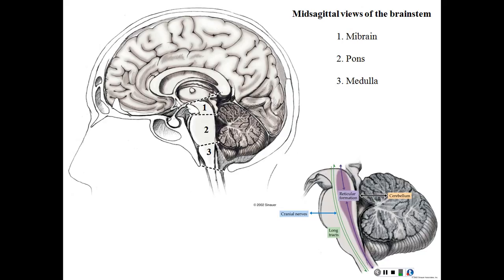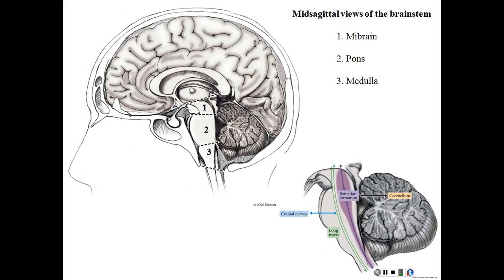We mentioned that the medulla has those nuclei cuneatus and gracilis in it, right? And how 10 of the 12 cranial nerves are associated with the brainstem. If you look at this schematic down here, we've actually done a few things already. We've done the cranial nerves. We've actually done these long tracts.